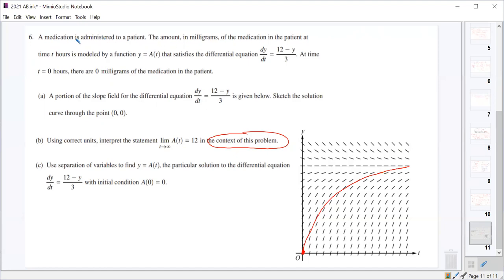Exactly, but I'm talking about in the context of the problem, we're administering medication to a patient, and no matter how far into time we go, yeah, exactly, the maximum amount.